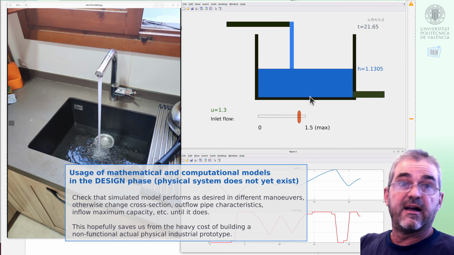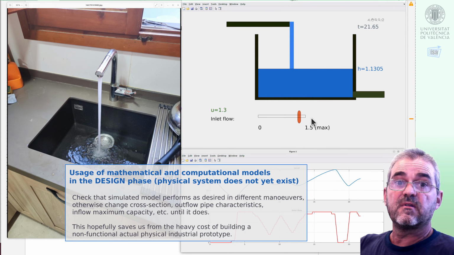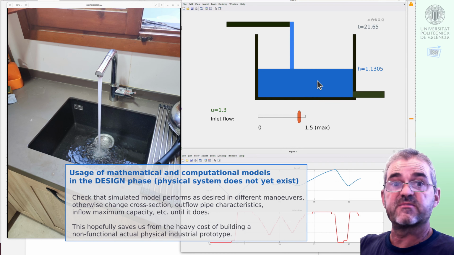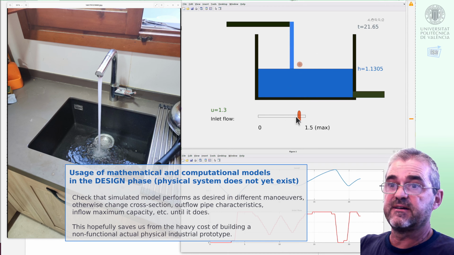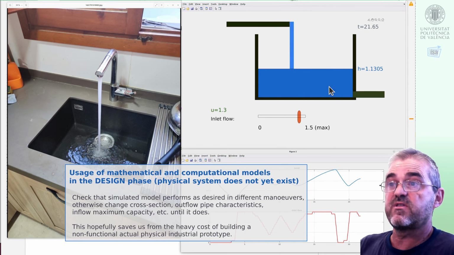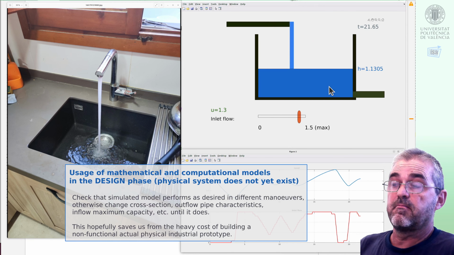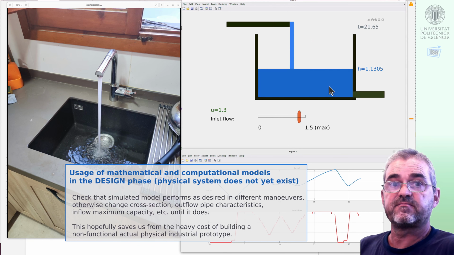I can simulate them, see what happens, and only when I am satisfied with the rising and lowering of the level and my movements of the inflow, will I finish the design phase, and then I can build a prototype that hopefully works as expected.